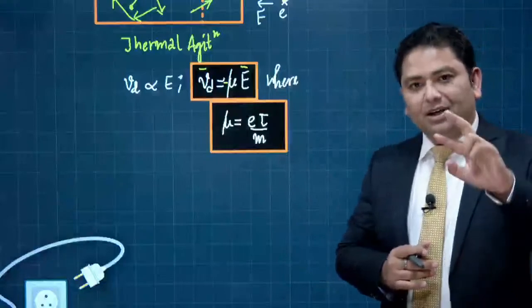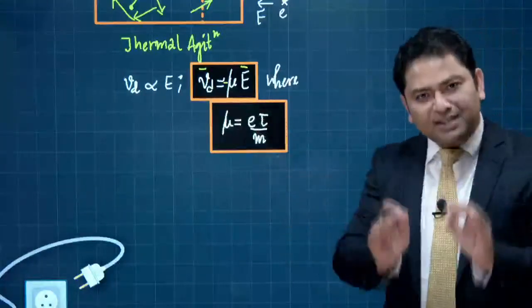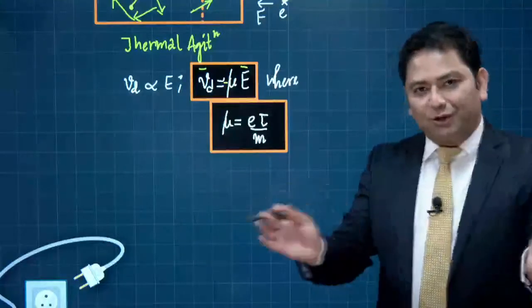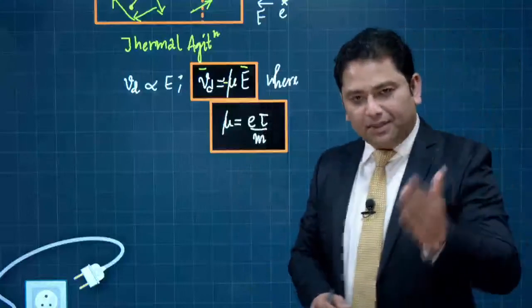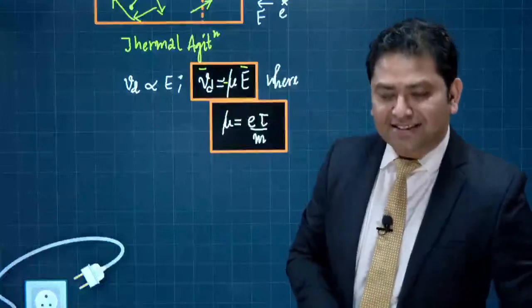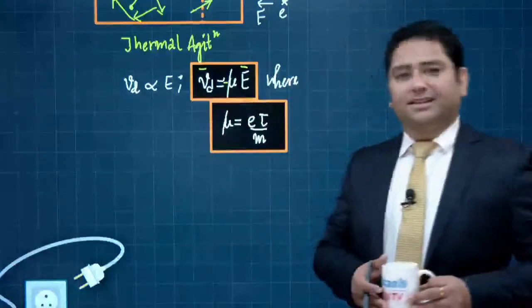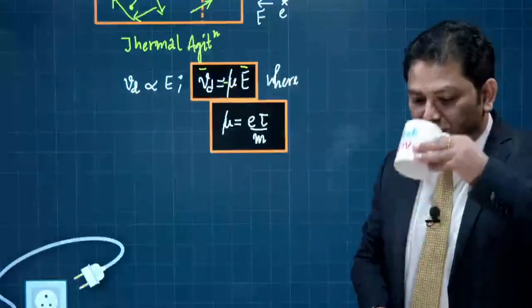साफ सी बात है, दो अलग अलग material के लिए e and m will be same because they are universal constants. But tau, the relaxation time, depends upon the spacing. Spacing of what? Spacing of the lattices. So clearly it means its dependence is on the nature of material, right?